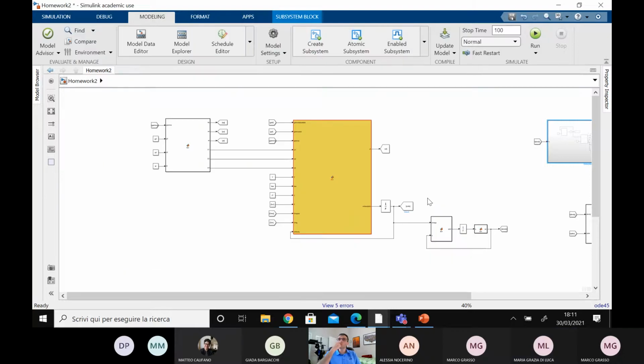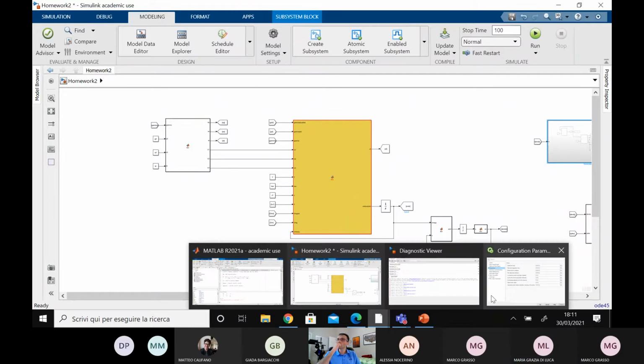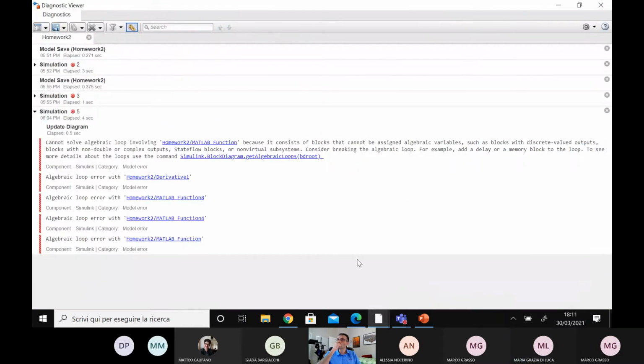Okay. Let's look at the error message again. Non-double? Such as blocks with discrete valued outputs.